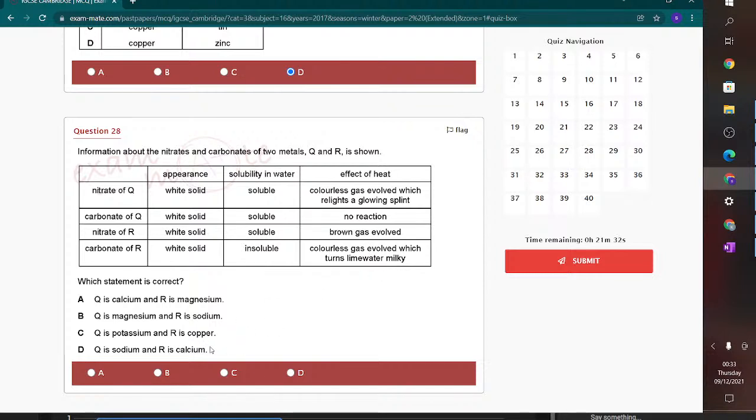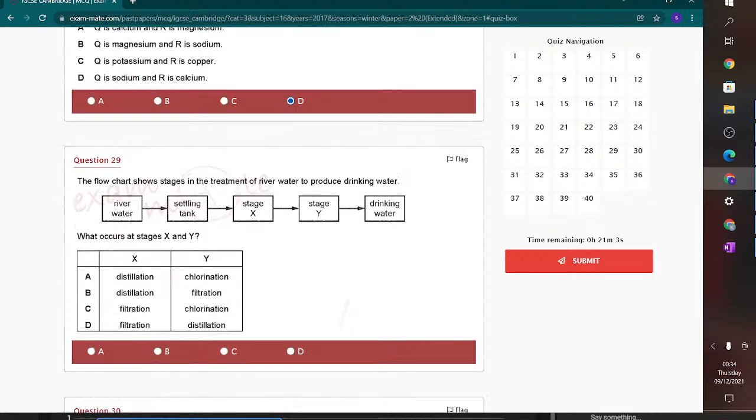So R is calcium and Q must be sodium because, as I said, sodium is a very reactive element and it forms very stable compounds which cannot be easily decomposed. When sodium nitrate is heated, it forms sodium nitrite and oxygen, and not sodium oxide plus NO2 plus O2. So the answer is D.